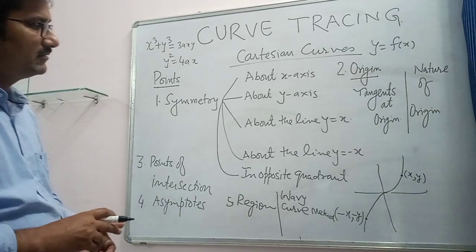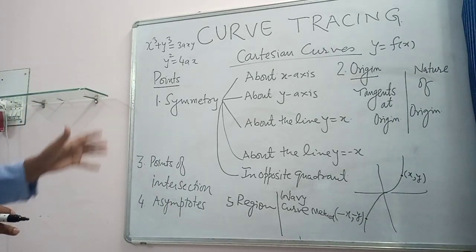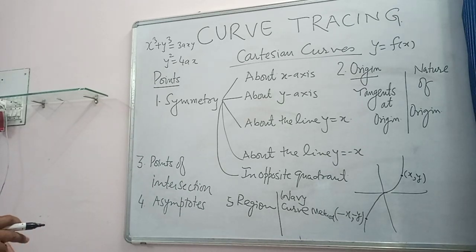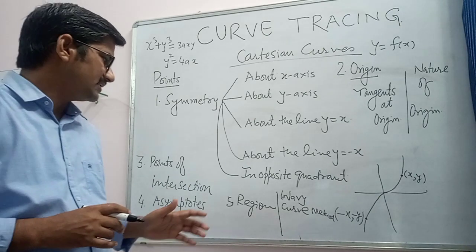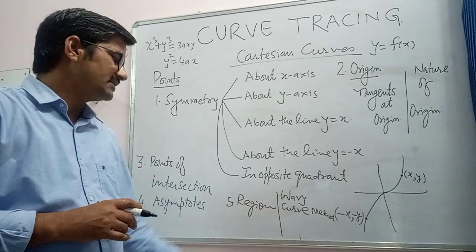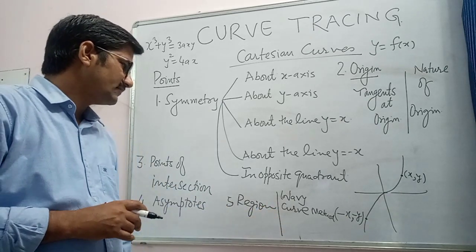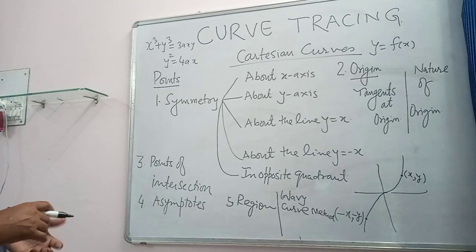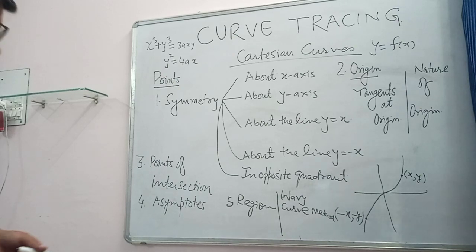Region means through which portion of the two-dimensional plane the curve passes, or in which portion the curve does not exist. To discuss the region, we will discuss two tests: the wavy curve method, and then the increasing or decreasing nature of the curve. So first we will discuss the symmetry.